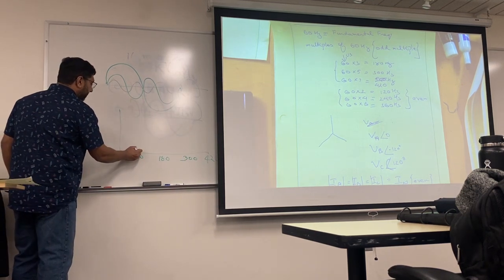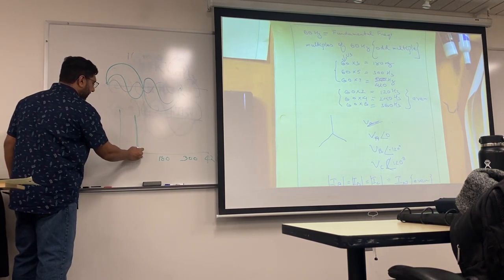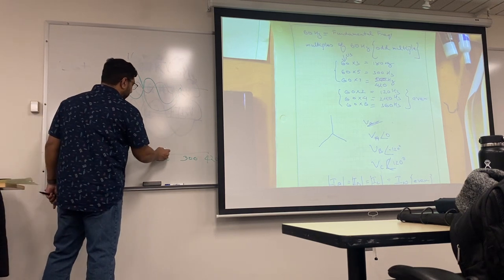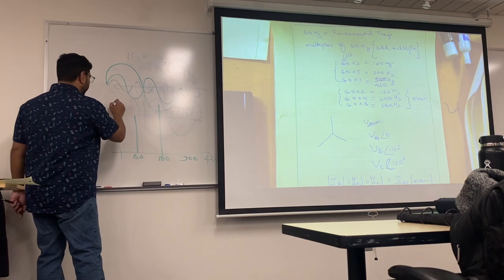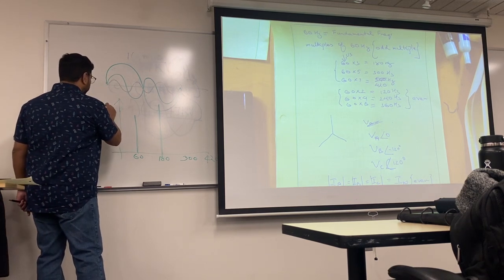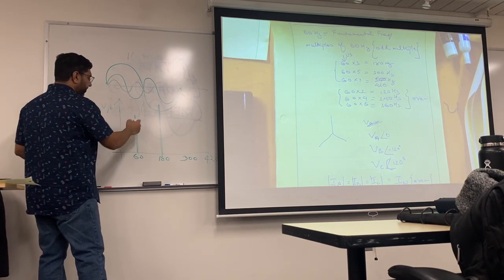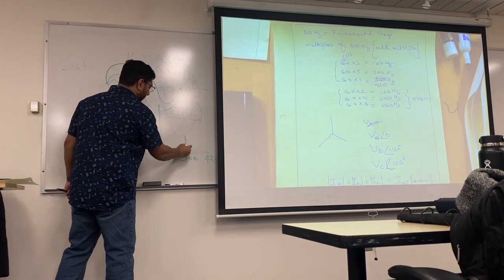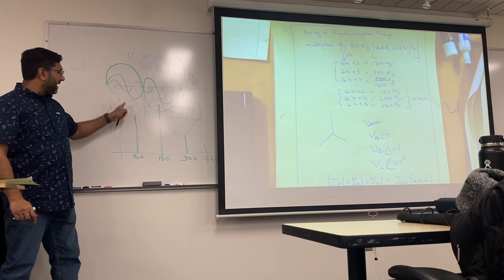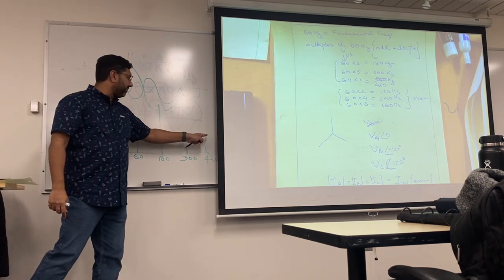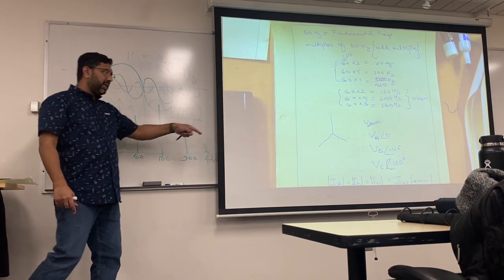So you will see a big magnitude here. Depending on the problem, you might end up getting a higher magnitude for the 180. And this is voltage or current, whichever you are doing. And here you might get a small one, and here even a smaller one. This magnitude simply depends on the kind of device that you have on the other end.